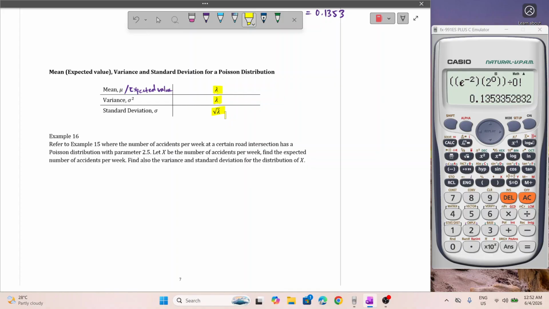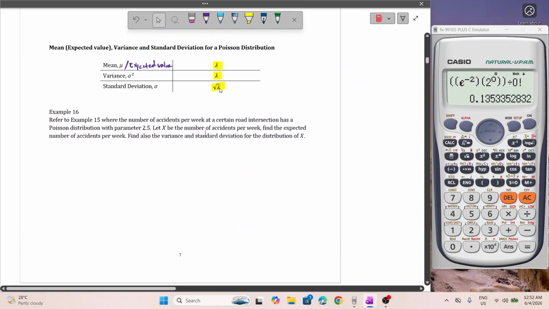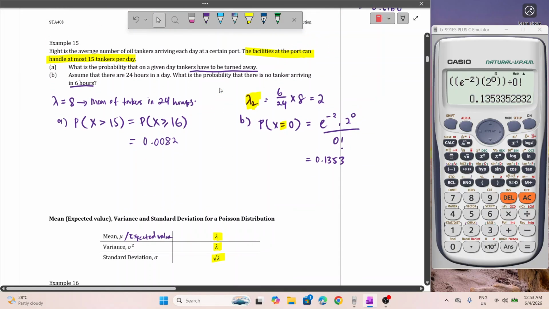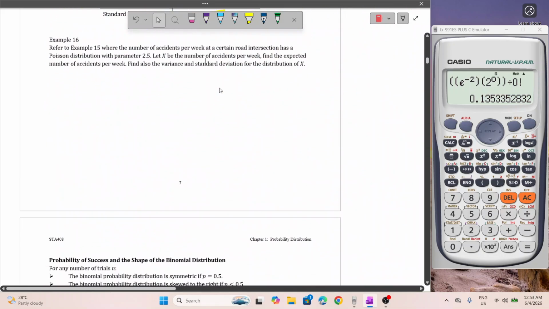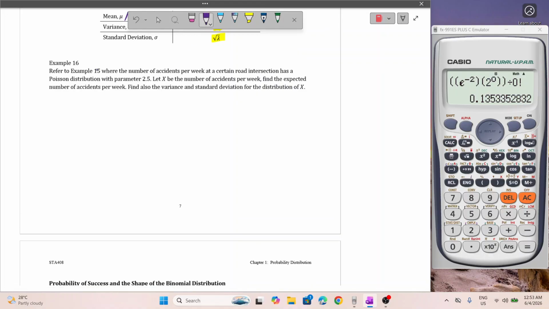Now, the next example is example 16. Refer to example 14, where the number of accidents per week at a certain road intersection has a Poisson distribution with parameter 2.5.